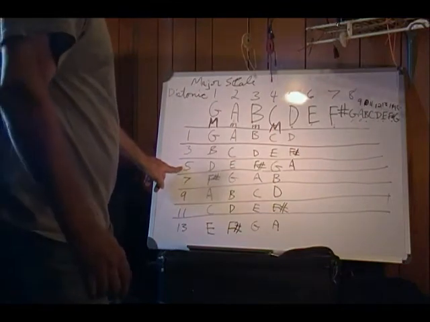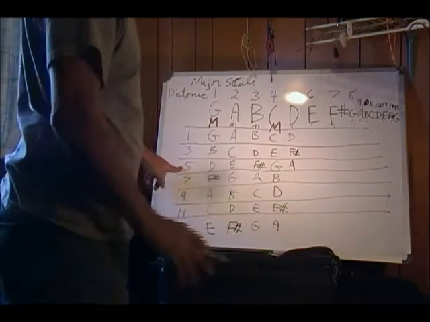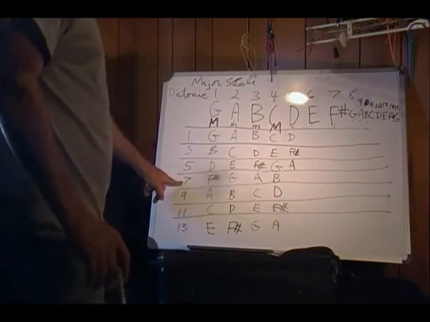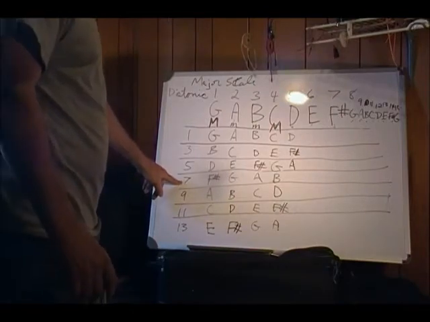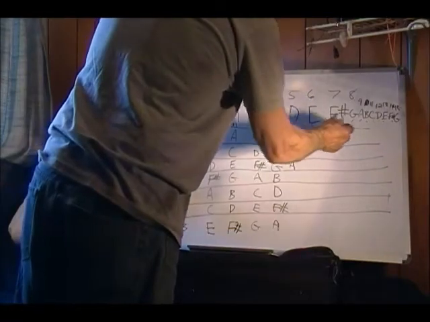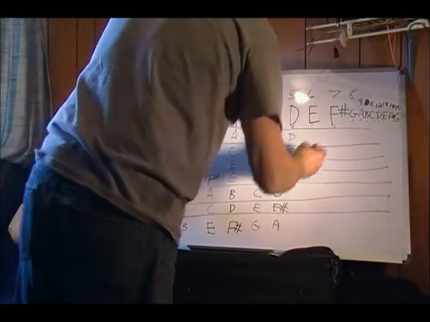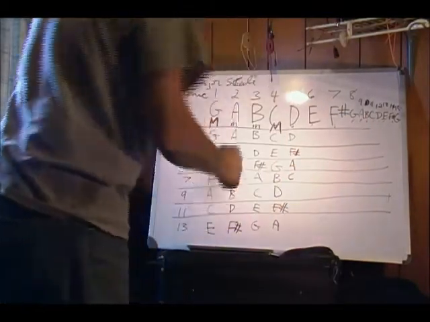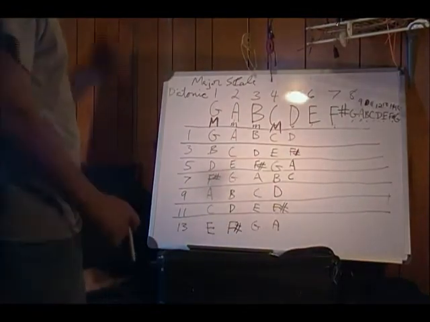Okay? Now here's where the 5th chord gets interesting. The 7th away from D, 1, 2, 3, 4, 5, 6, 7 is a C. Why is that so interesting?